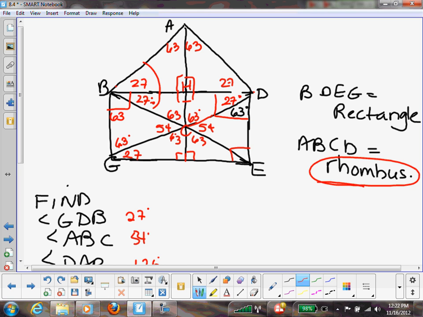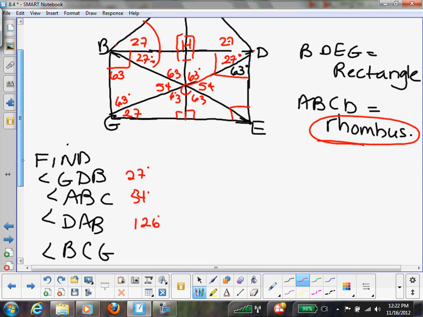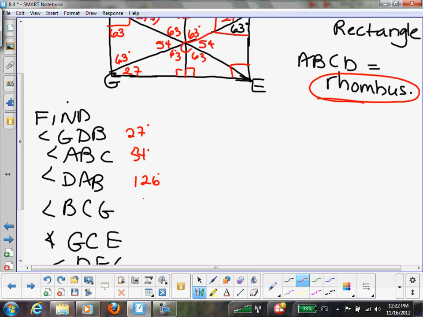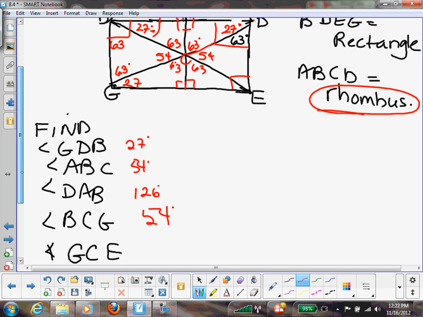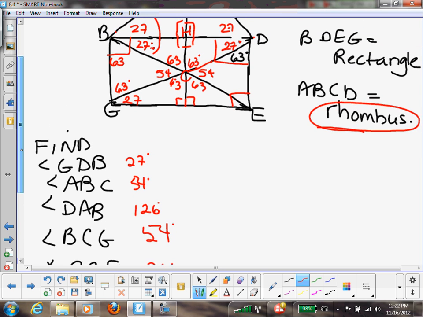Okay, you get 54, yes. So this one is, what is this, 54? BCG, 54. What about GCE? GCE, 126.